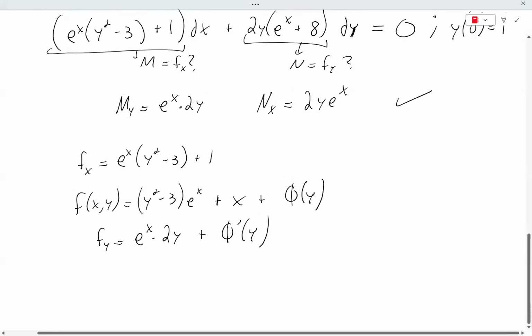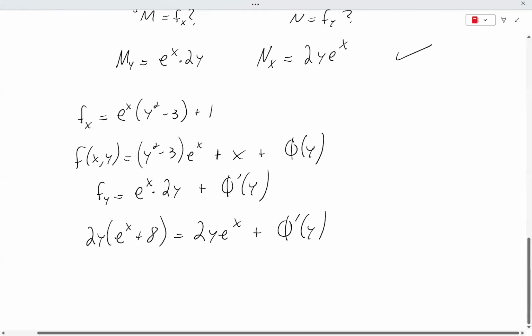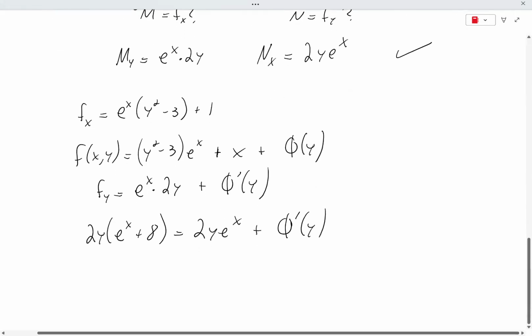Now the f sub y, we know it's going to be 2y times e to the x plus 8. So we have 2y e to the x plus 8 equals 2y e to the x plus phi prime of y.